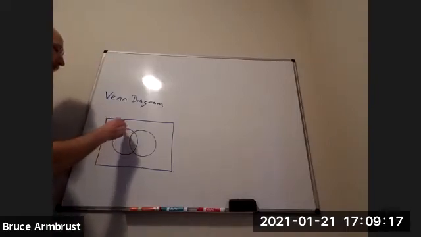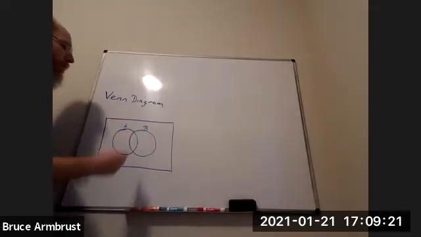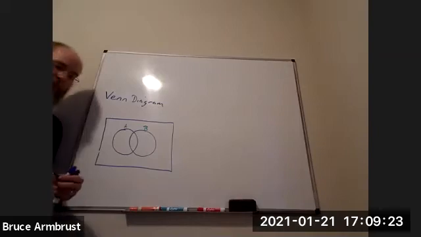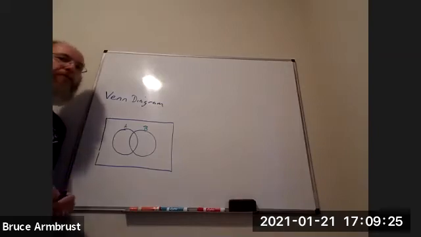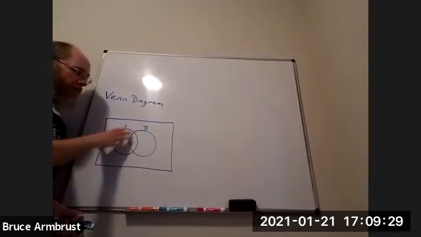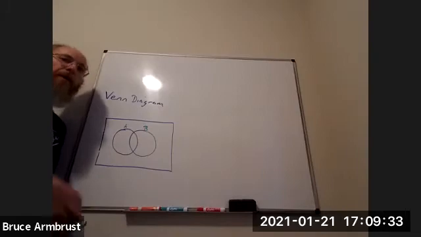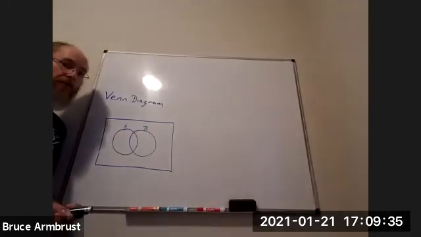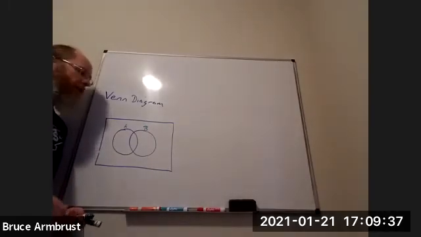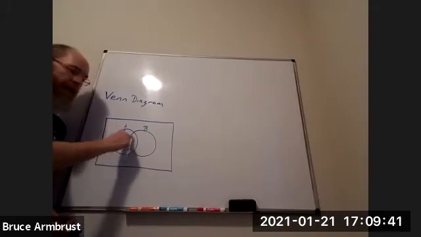So let's just say that this one on the left is event A, and the other is event B. Now, all the possible outcomes are somewhere in this rectangle. If they are outcomes that are event A, they lie within the A circle.